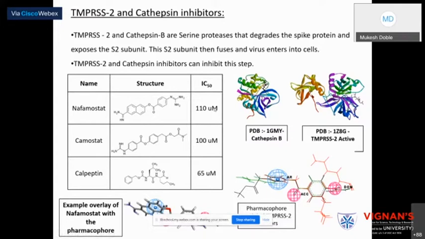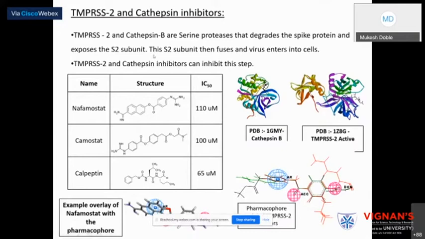A pharmacophore feature is a hydrogen bond donor like OH or NH, a hydrogen bond acceptor like nitrogen or oxygen, an aromatic group, a hydrophobic group like CH3 or C2H5, or a cation or anion and so on.